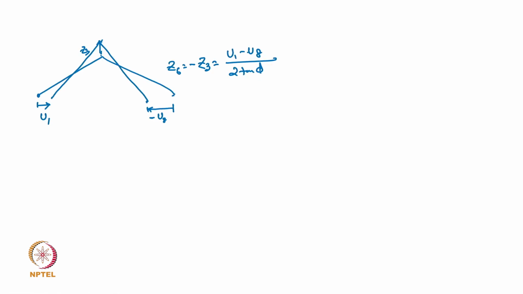Now if you see how this thing is working, with your u1 minus u8, once that 3 is going up, you will have it in this way. Fine. So we can write the equations like this.